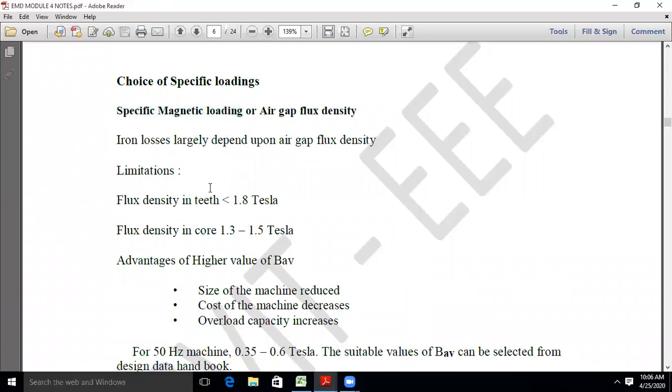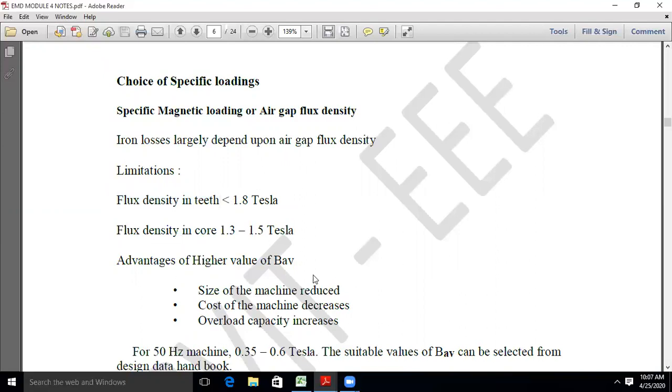The limitations of the air gap flux density: the flux density in the teeth should be less than 1.8 Tesla. The flux density in the core is between 1.3 to 1.5 Tesla. So these are the limitations.